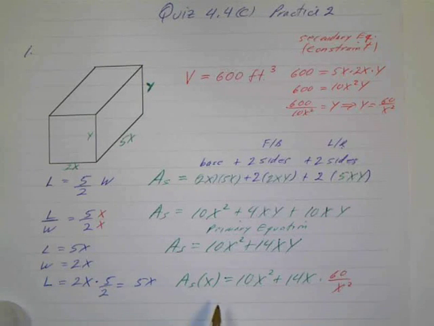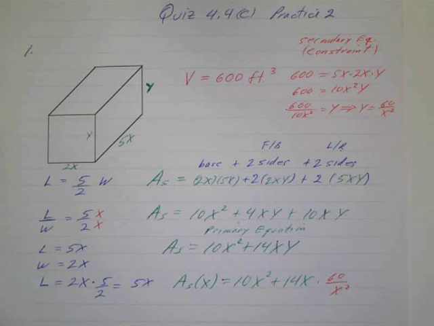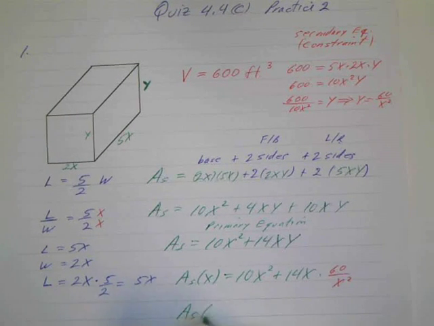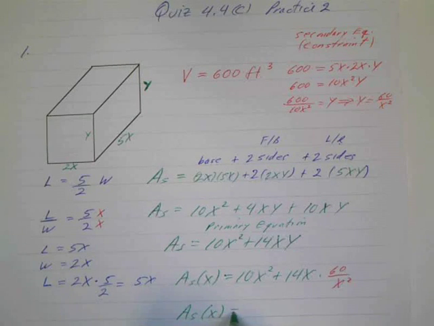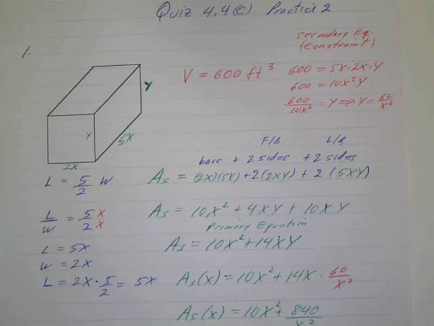And now again we've got our surface area as a function of x. Now we can simplify this a little bit more. And 14 times 60, well, we got 0, and 4 times 6 is 24. Carry a 2, 8, so we got 840 all over x squared.